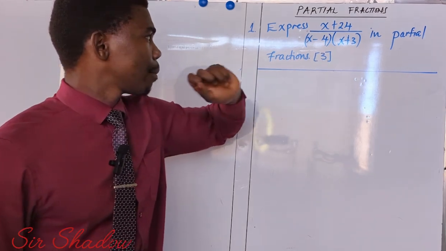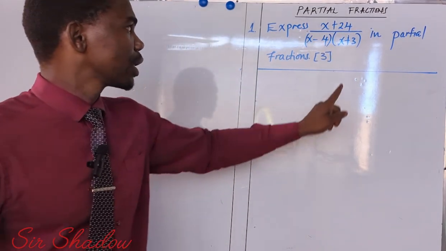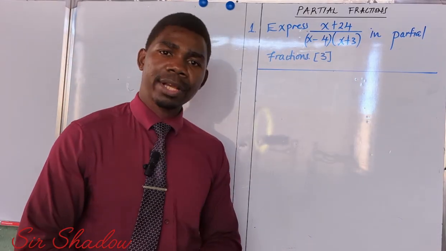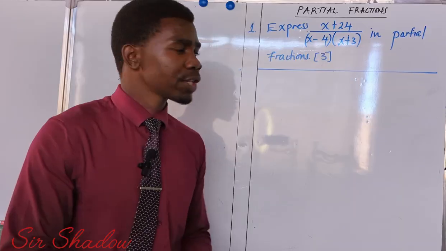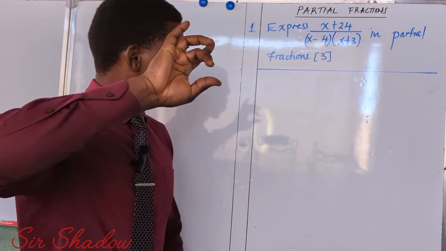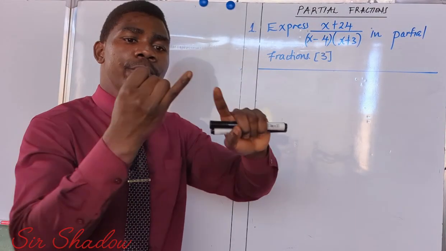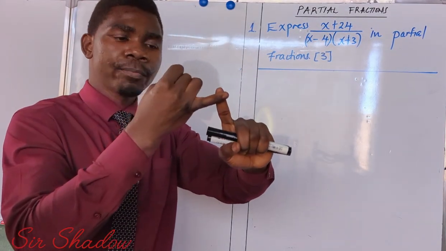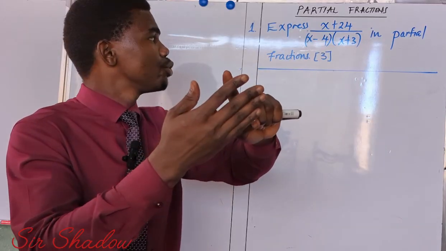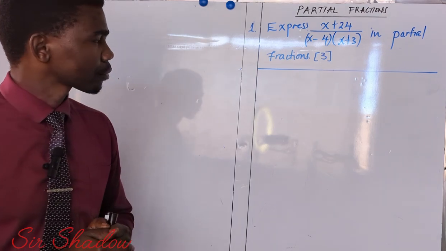Or is it improper? So first of all, you have to think about four ways of expressing these partial fractions: linear, quadratic, linear repeated, and improper.